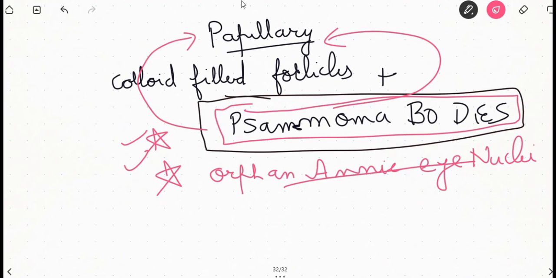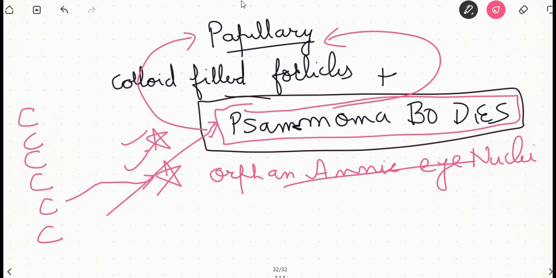It can be present as a solitary nodule. So remember the 7 C's: calcification, cystic changes, cuboidal pale cells with grooving, crowded nuclei, cartoon character, that is Orphan Annie eye nuclei, and calcified deposit, that is the Psammoma bodies.